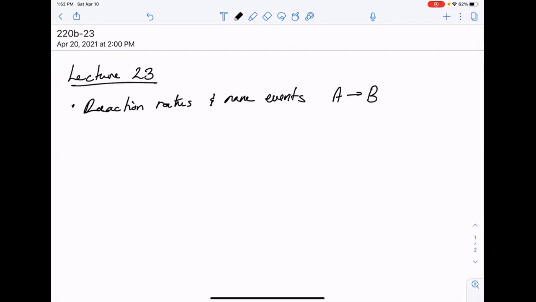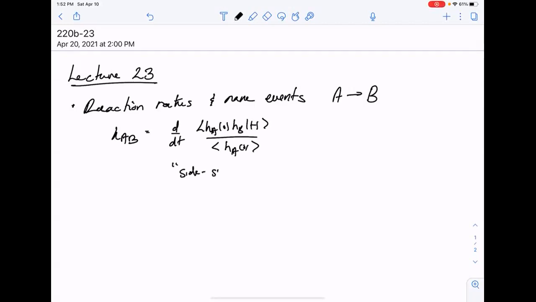In each of those cases, we've identified a means of computing the rate of A going to B by the dynamical fluctuations which move particles between those states, or the system more generally between those states, introducing the so-called side-side correlation function, or its equivalent, the so-called flux-side correlation function.